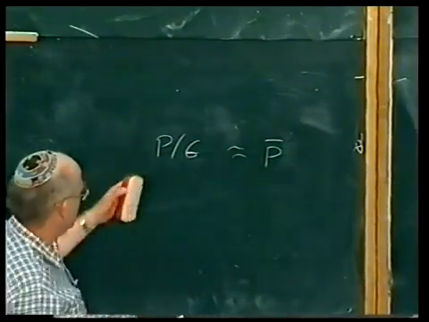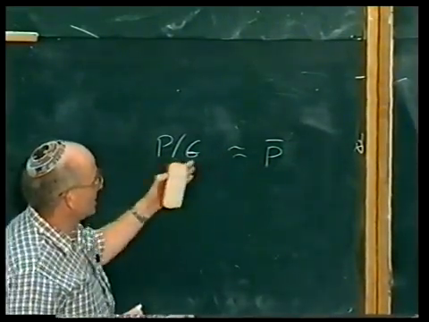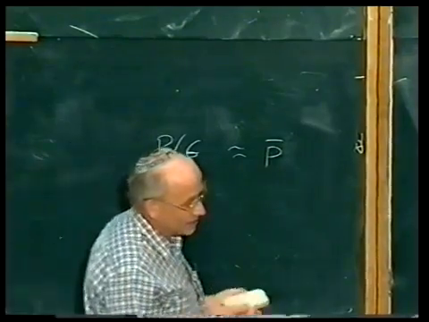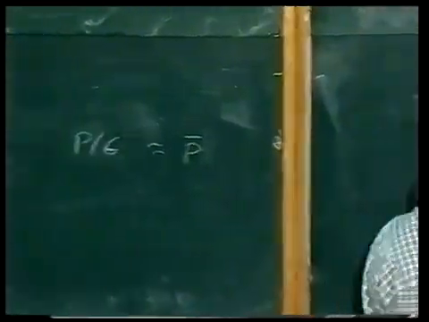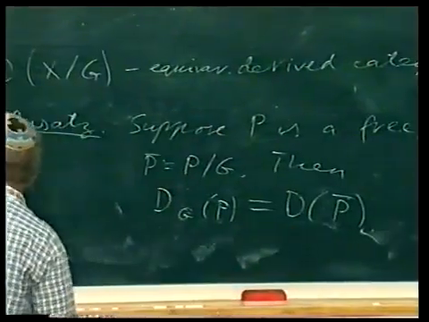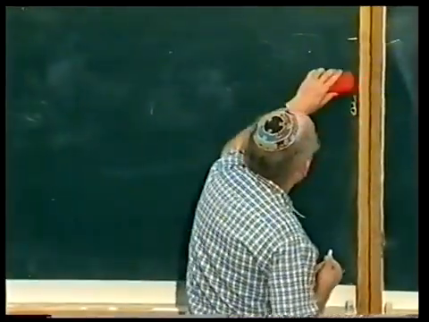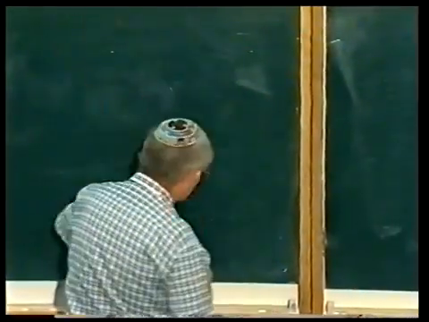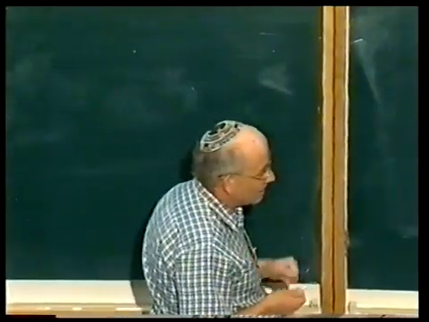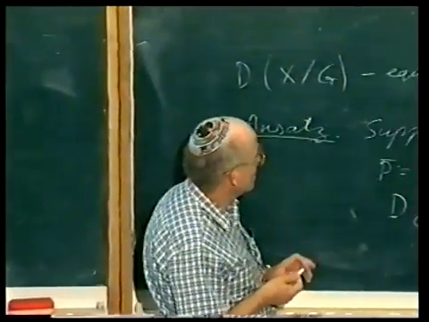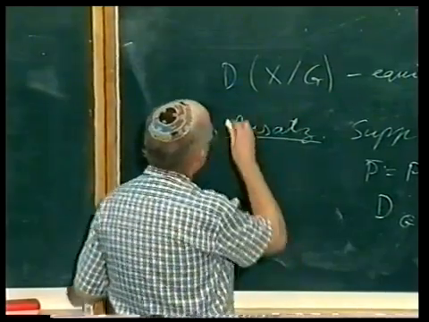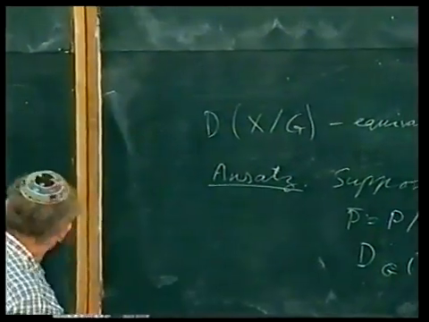So for this reason, we naturally want the derived category to be defined for stacks. Okay, so it turns out that from this we can very easily understand what the notion of this derived category should be.